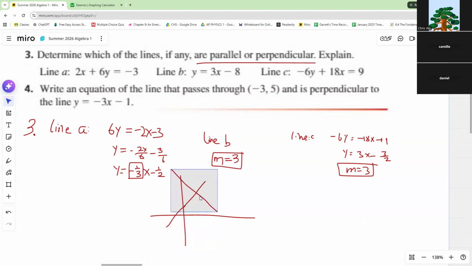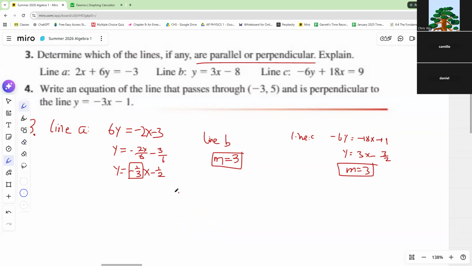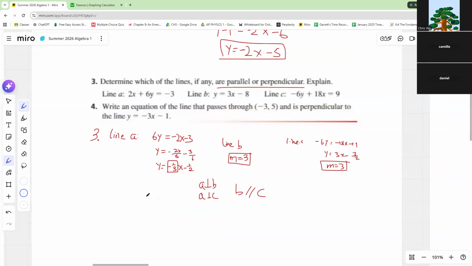So the y-intercept doesn't matter, as long as the slopes fulfill this negative reciprocal criteria. They will be perpendicular. So A is perpendicular to B, A is perpendicular to C, and B is parallel to C. Yep. So that's all. All right, let's try number 4.